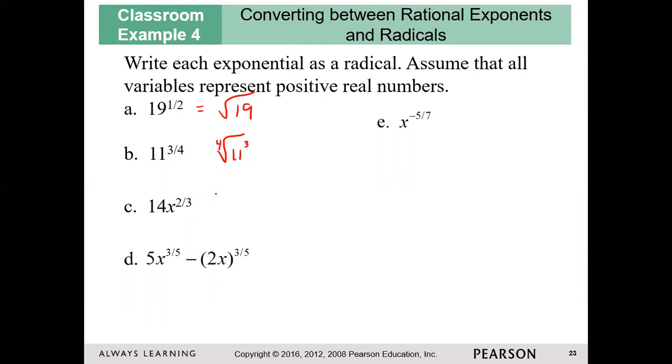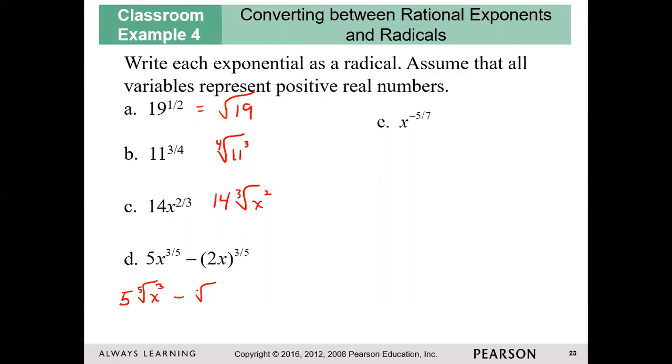This is going to be 14 on the outside because, again, only the x is being raised to the 2/3 power. So this is going to be the cube root of x squared. This is going to be 5, and then the 5th root of x to the 3rd minus, now this whole piece is being raised to the power of 3/5.